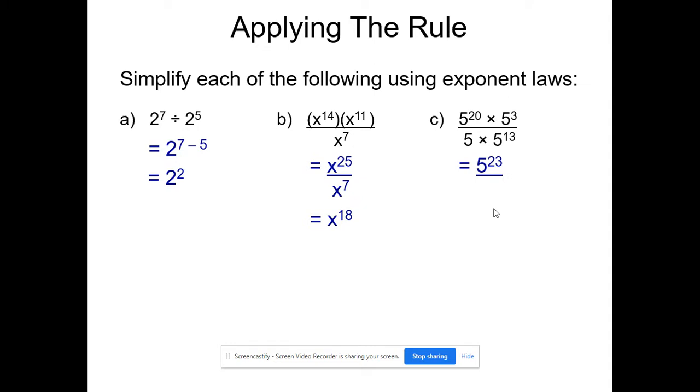Now in the denominator, I have a 5 by itself, and it has a secret exponent of 1. So 5 to the 1 times 5 to the 13, I add those exponents because we're multiplying to get 5 to the 14. And then my last step is to do the division. They have the same base, so I subtract the exponents. 23 take away 14 gives me 5 to the power of 9. And that's how you divide powers.